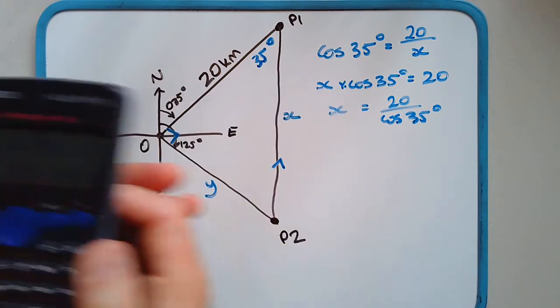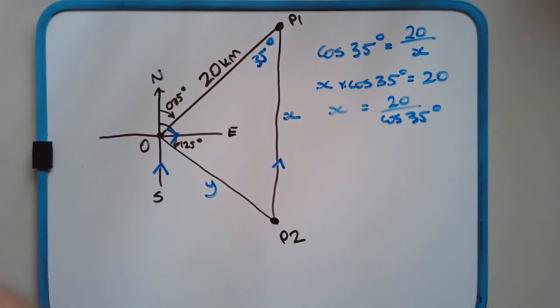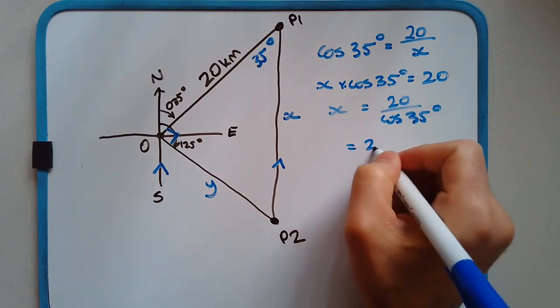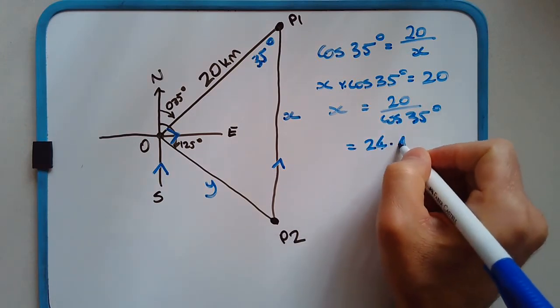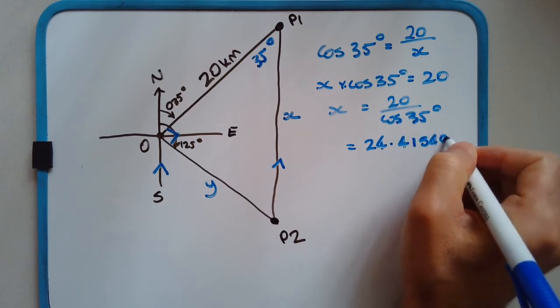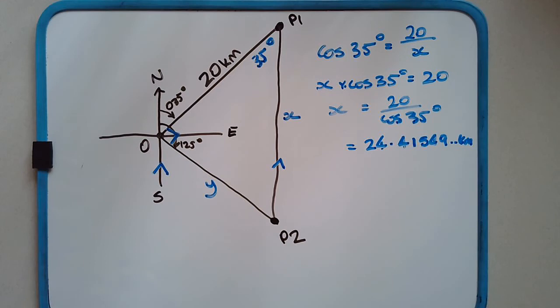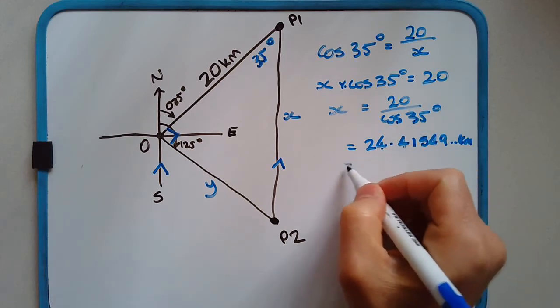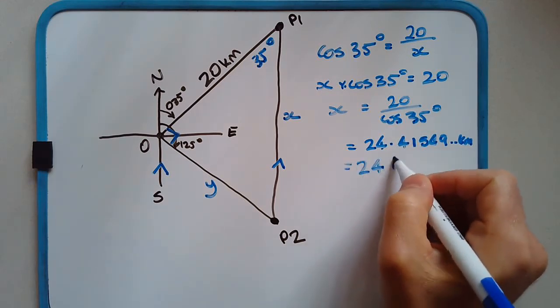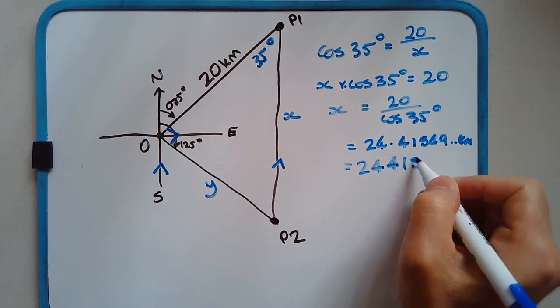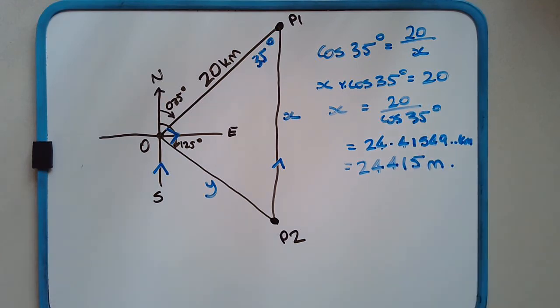So I might just write that down, which is equal to 24.41549 kilometers. Multiply that by 1,000, and we get 24,415 meters. So P1 and P2 are 24,415 meters apart.